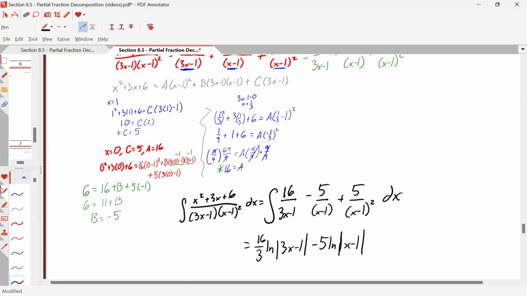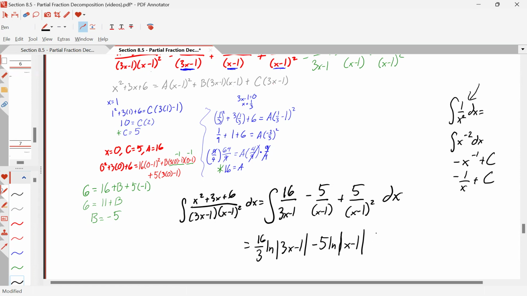And then be very careful with this last one. It's not a natural log anymore. Remember that the integral of 1 over x squared is equal to the integral of x to the negative 2, which, adding 1 to the exponent, is negative x to the negative 1, or negative 1/x. We have this form on the last one.